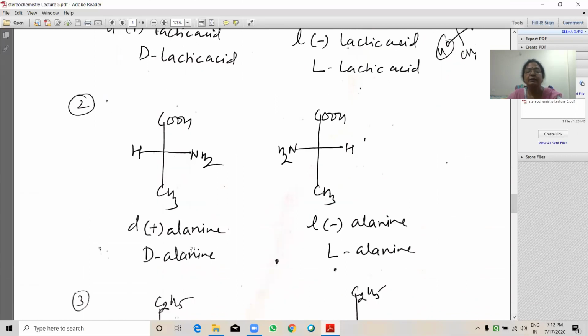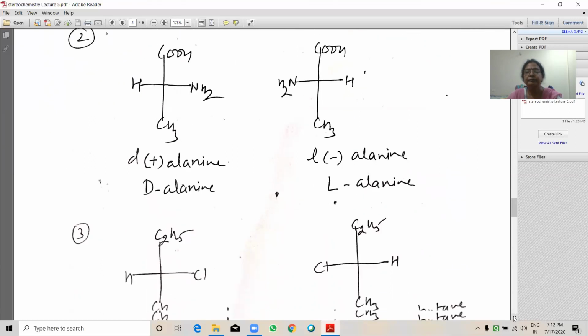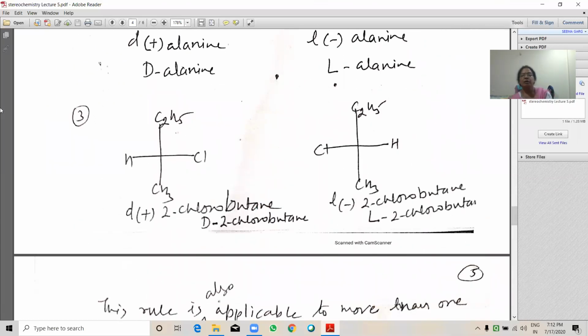In this alanine, because the higher priority amino group is on the right hand side, it is D-alanine, and when the amino group is on the left hand side, it is capital L alanine. 2-chlorobutane: here on the horizontal line, the higher priority group, chloride, is on the right hand side, so it is capital D 2-chlorobutane. When chloride is on the left hand side, it is capital L 2-chlorobutane.